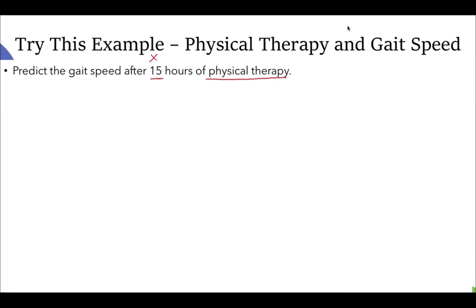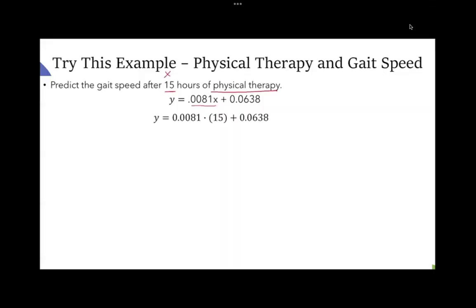So over here we're going to be multiplying 0.0081 times 15. When we evaluate this expression, we get a gait speed of 0.1853 meters per second. So when x is 15 hours, we get out a gait speed of 0.1853.